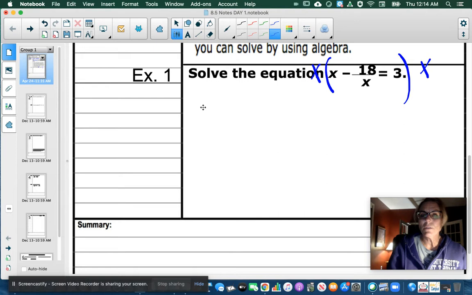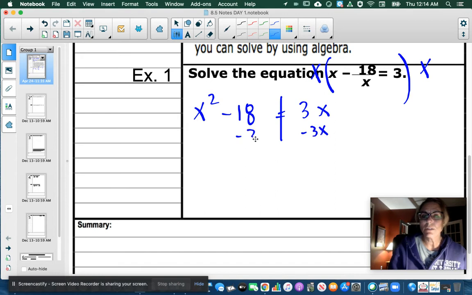When I multiply the left side by x, I get x squared minus 18, because this x cancels with that x, equals 3x.